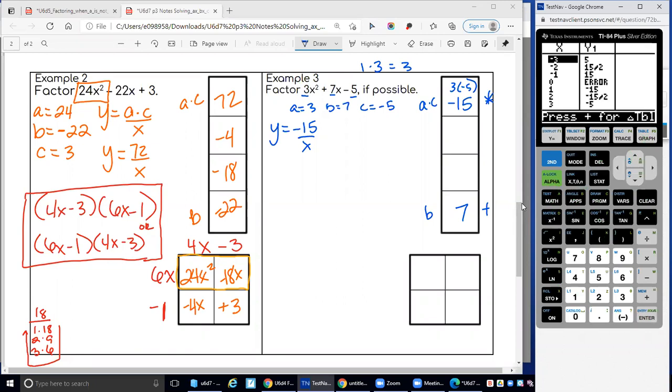I would agree. And we are looking for 2 numbers that are going to add up to be 7. So -3 and 5, no, that's 2. -1 and 15, 15 minus 1, that's 14. This is -14. That's -2.